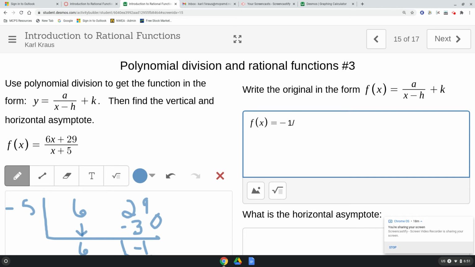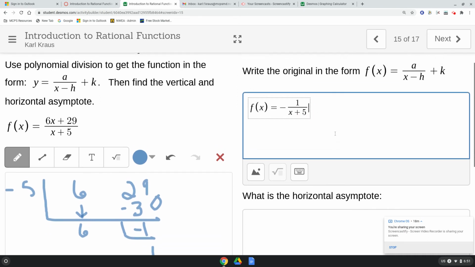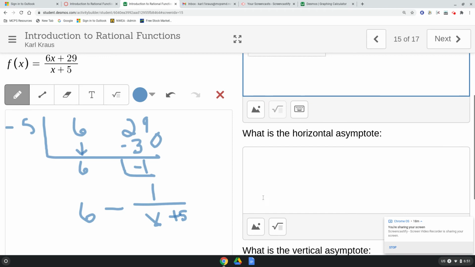divided by x plus 5, and plus 6. Horizontal asymptote y equals 6.